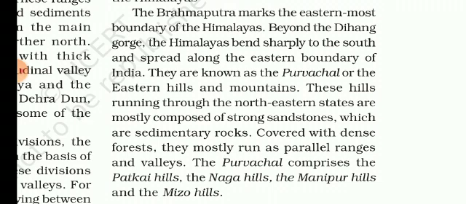They mostly run as parallel ranges and valleys. Here they are called Purvachal or the Eastern Hills and include the Patkai Hills, the Naga Hills, the Mizo Hills, and the Manipur Hills.